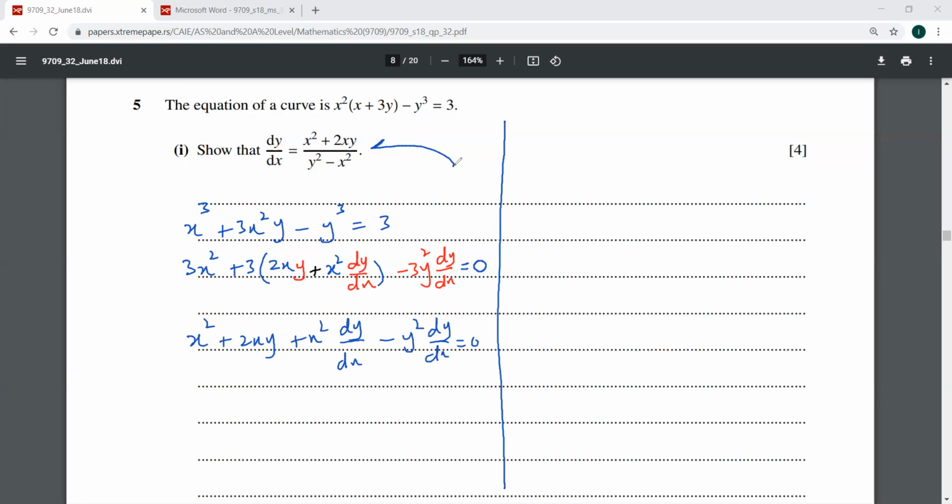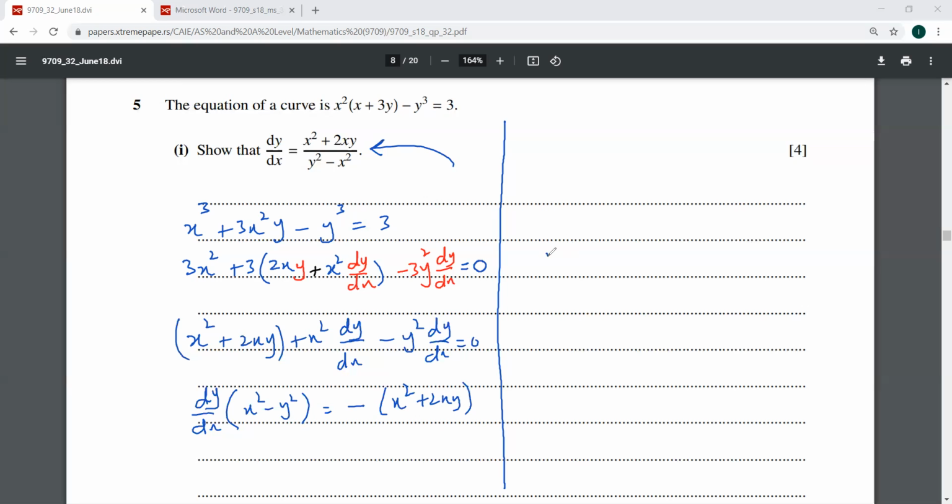Keep an eye on this as well. So you have dy by dx common from here, and we have x square minus y square, and this expression on the whole needs to go to the other side. So this is minus x square plus 2xy.